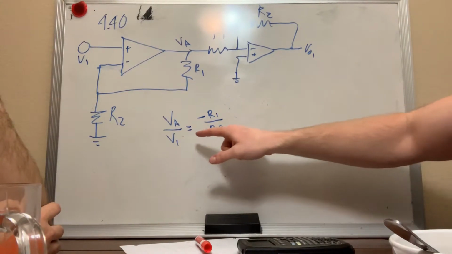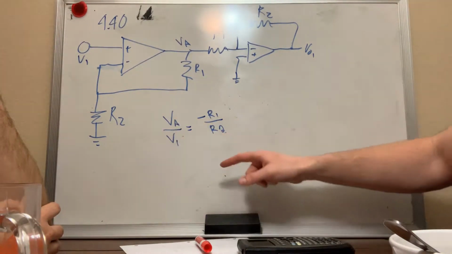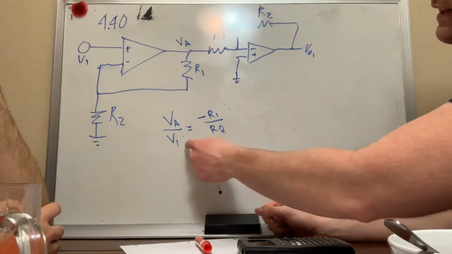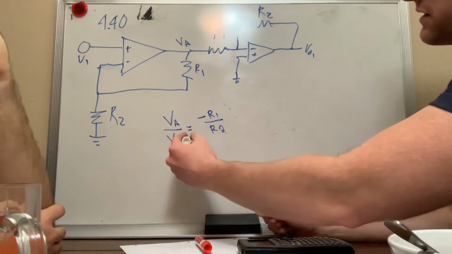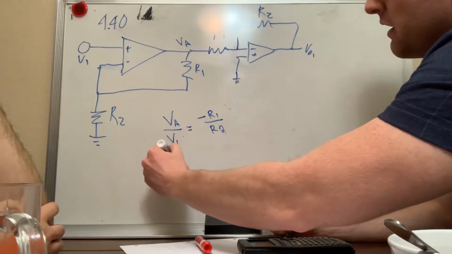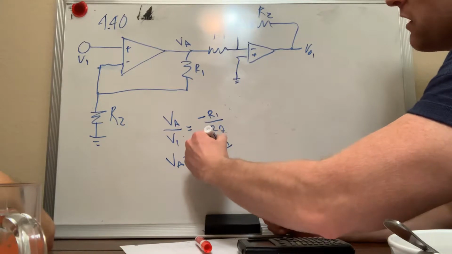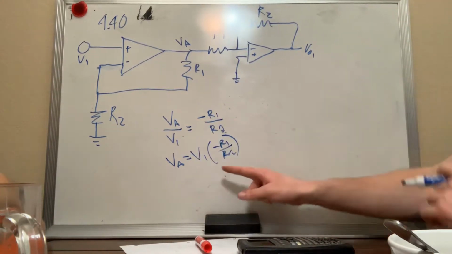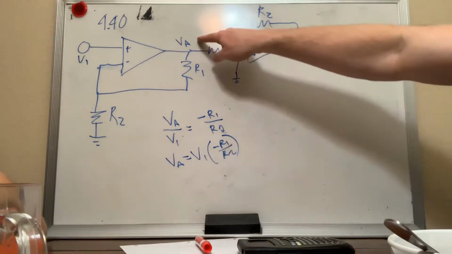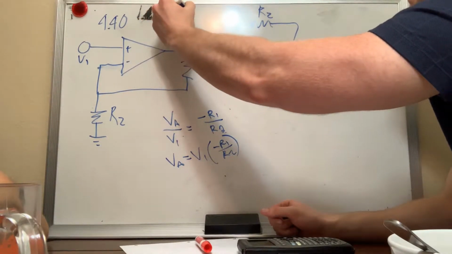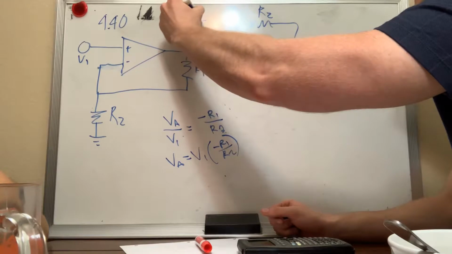All right, now VA over V1, well, let's do this. That's what VA over V1 is, and then if we bring V1 over, VA equals V1 times negative R1 over R2, okay? So this is the voltage right here, so I'm gonna relabel it as V1 times negative R1 over R2.